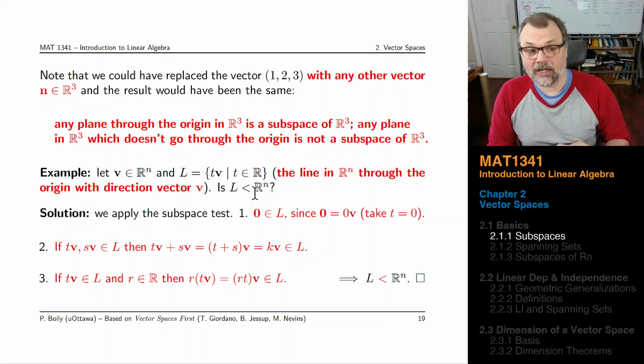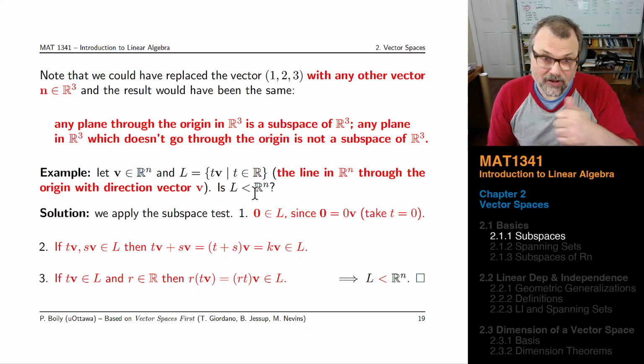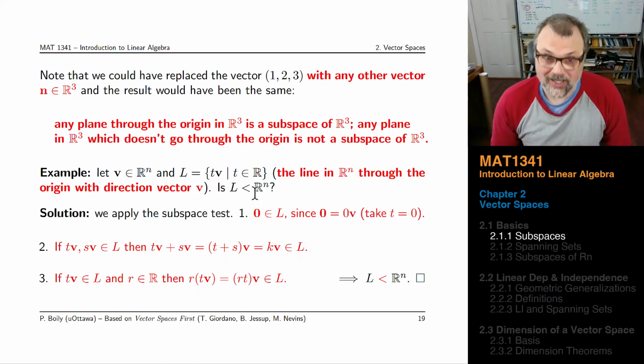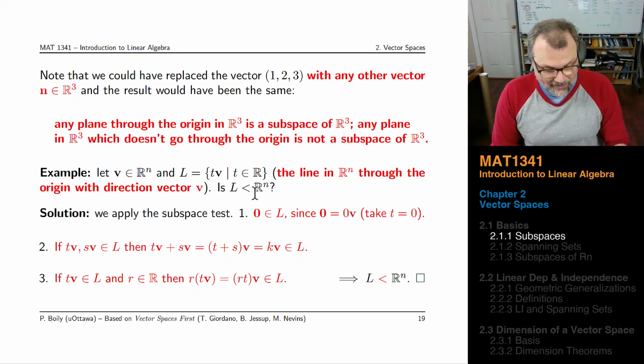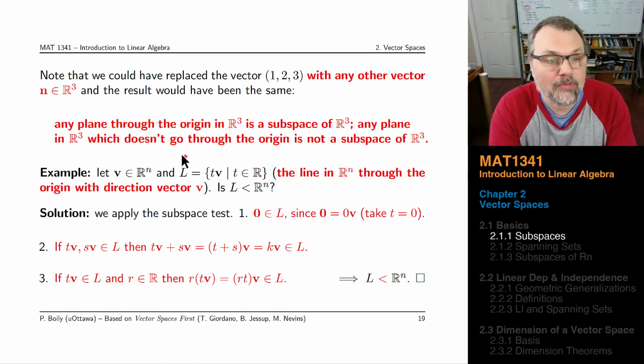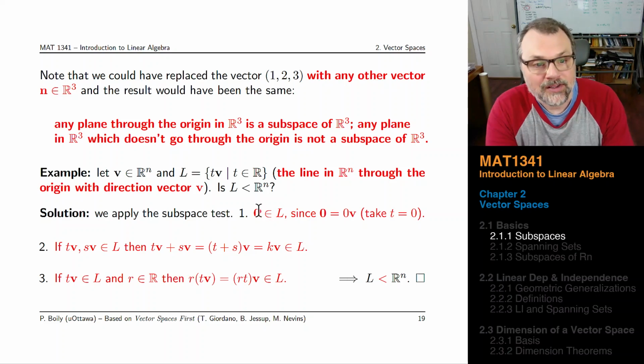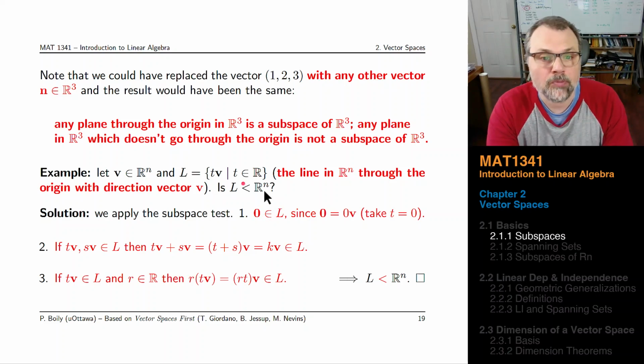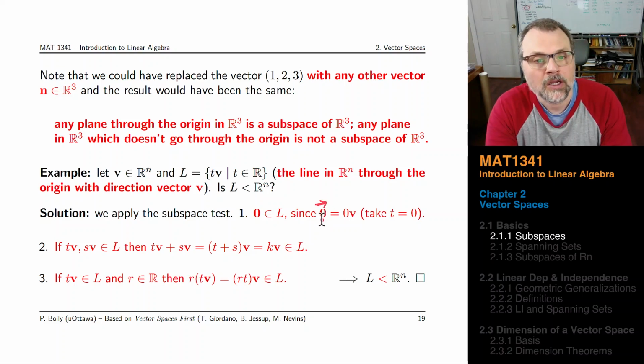So we just need to apply the subspace test. We need to verify if the 0 vector is in L. Well, again, this is going to be easy if we understand what it means for something to be in L. If 0 is in L, it means that you should be able to write 0, the 0 vector here, I could put an arrow just to really distinguish them, but it's the bold font, as t times v for some t in R. Yes, we can.